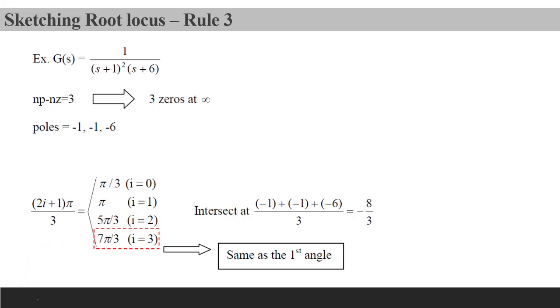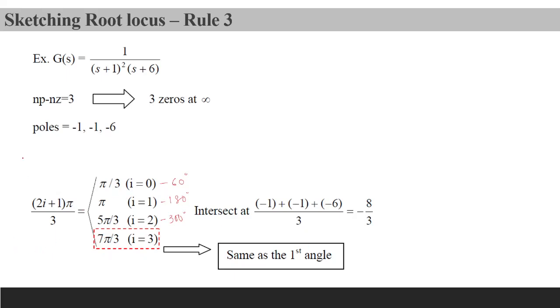So let me write it in degrees for your convenience. This is your 60 degrees, this would be your 180 degrees, and this would be 300 degrees, right? I'm not taking 7 pi by 3, because this is exactly the same angle as the first one.